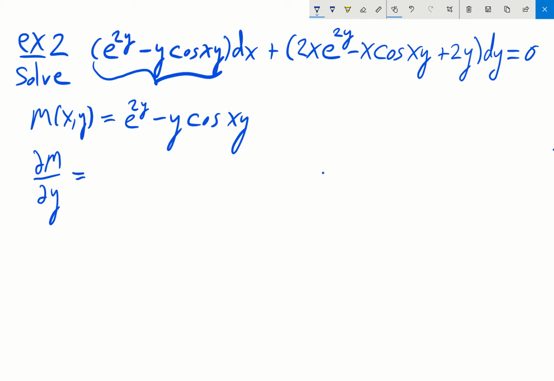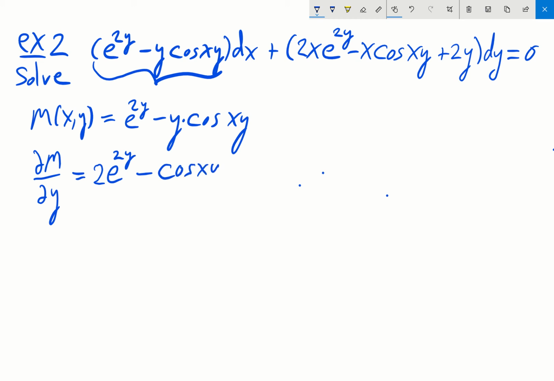The derivative of e to the 2y is going to be 2e to the 2y, coming from the chain rule. And now be a little bit careful. Whenever we differentiate the second term, it's actually a product, so we're going to need to use the product rule. We're thinking of it as the function negative y times the cosine of xy. The derivative of negative y is negative 1.